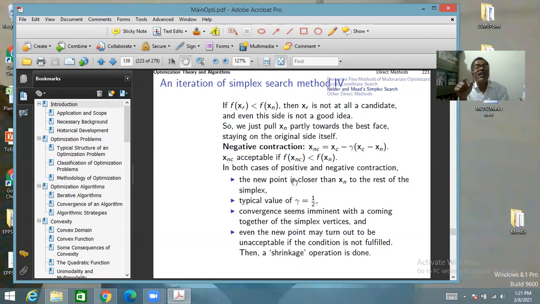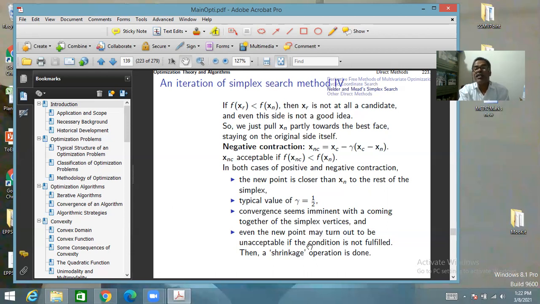And you see, even if one of your n+1 points is actually the minimum point or extremely close to it, you would not know until your entire simplex comes to that point, okay? Because the minimum point can be anywhere in the simplex. So this is what we were discussing some time back in the beginning of the lecture. So that is why contraction steps are necessary for accurate result, for real convergence, okay?